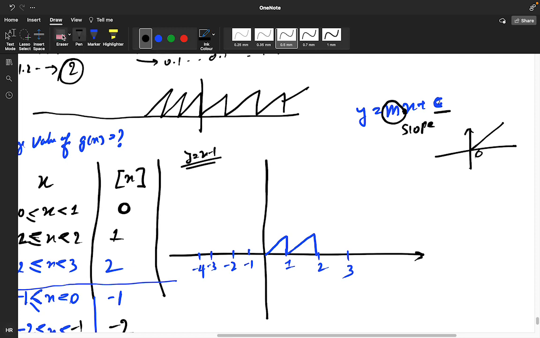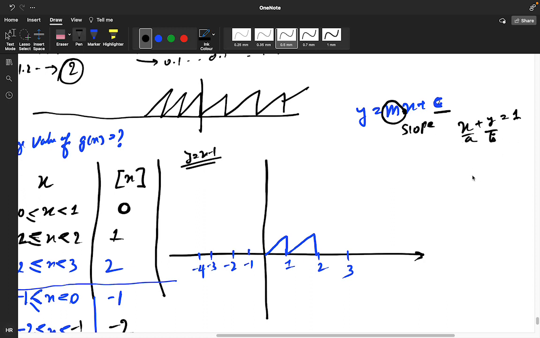You can also write it in another form, the x by a plus y by b is equal to 1 form.